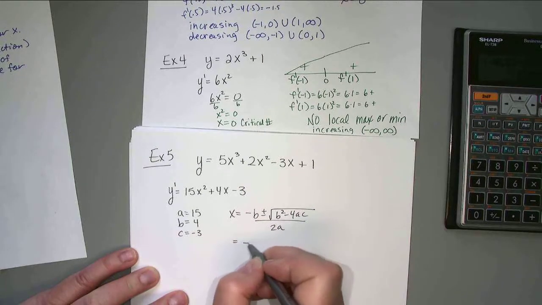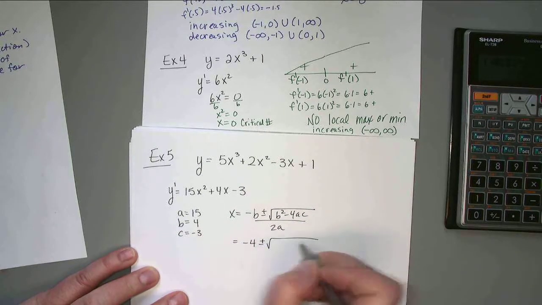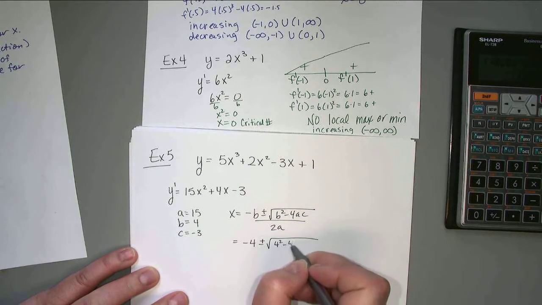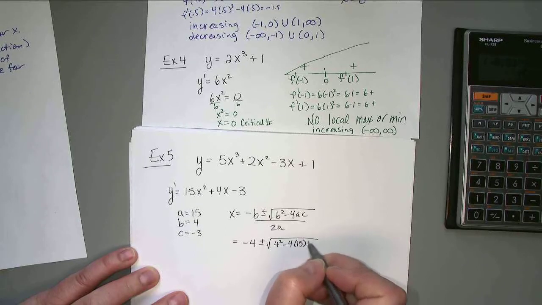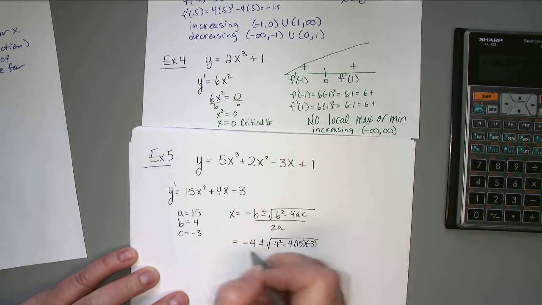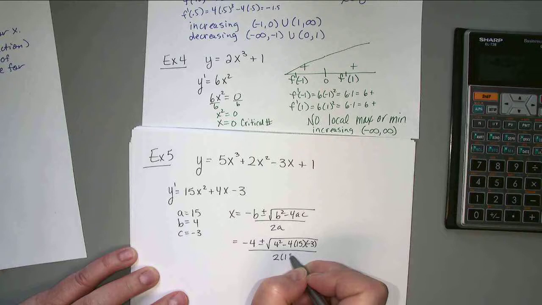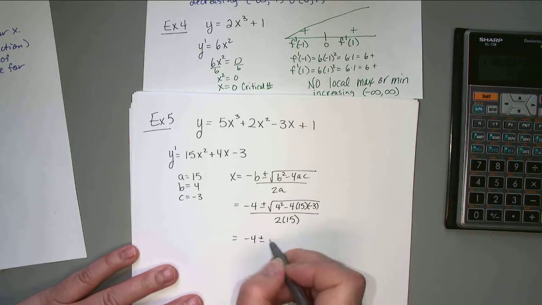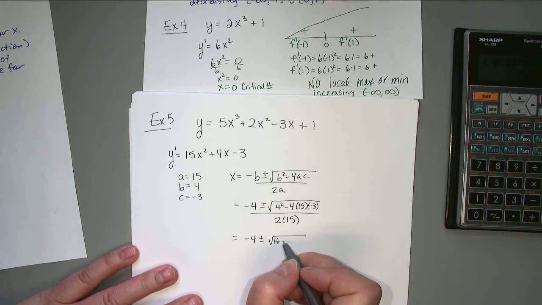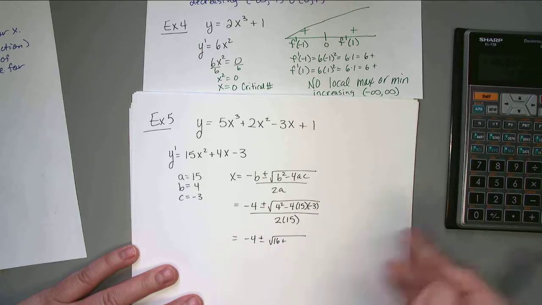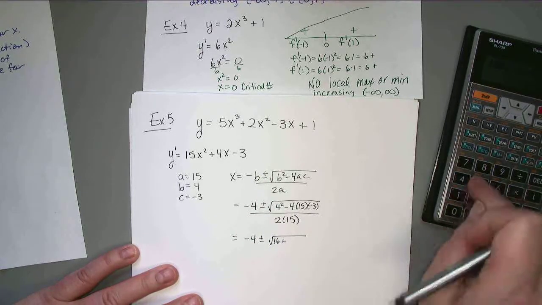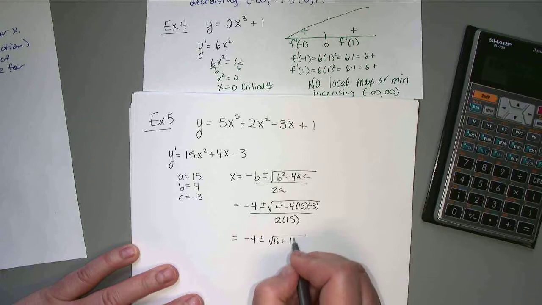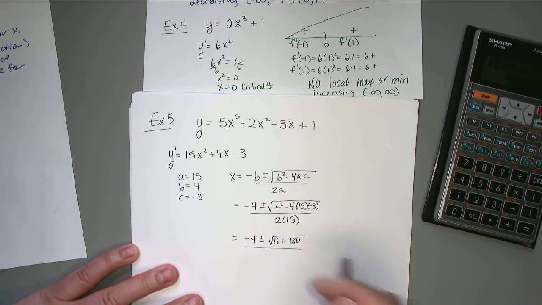So minus 4 squared, so this is 16, minus and a minus is a plus, 180 over 30.